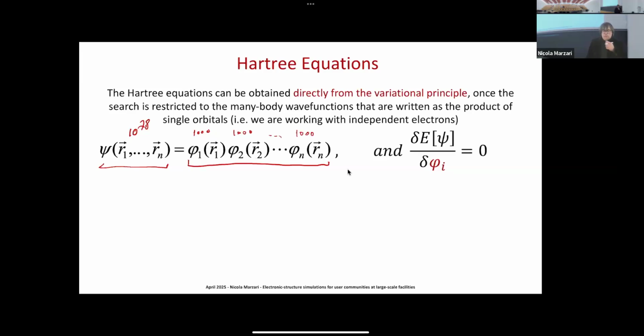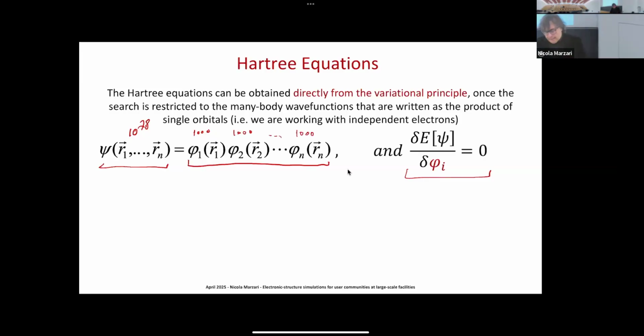And the kind of math that Hartree asked himself is, what are the conditions that phi 1, phi 2, phi 26 need to satisfy? And the conditions that they need to satisfy is that the 26 single particle wave functions, as we call them, need to be such that the energy functional is minimum, okay? Because the minimum of the energy functional gives you your best guess.